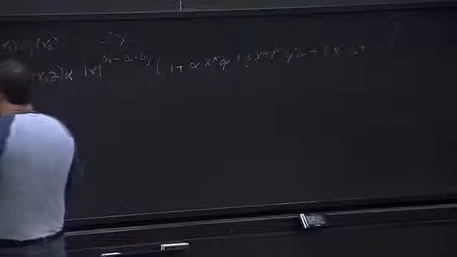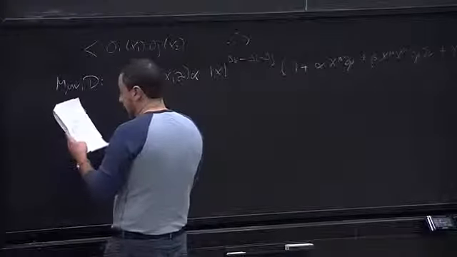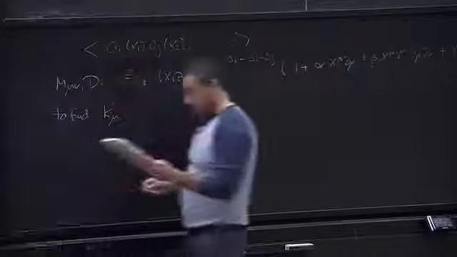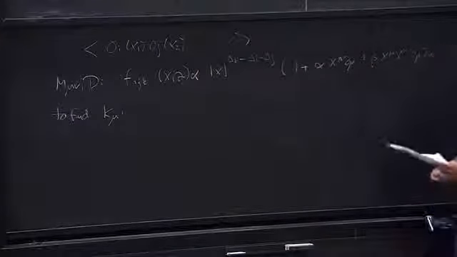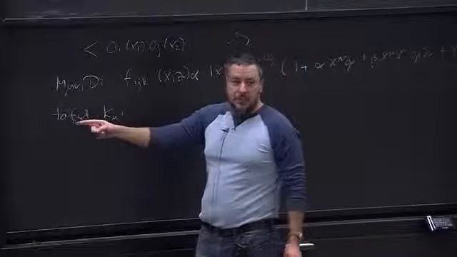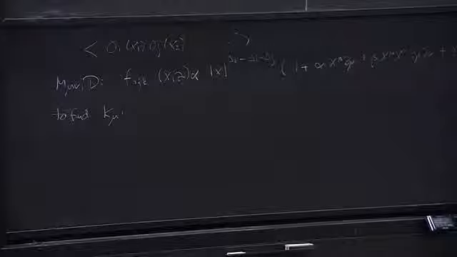Now, to find the coefficients in this OPE expansion, what we can do is act with K mu. Now, this will have some teeth because K mu is, you remember, the transformation of primary operators under conformal transformations.